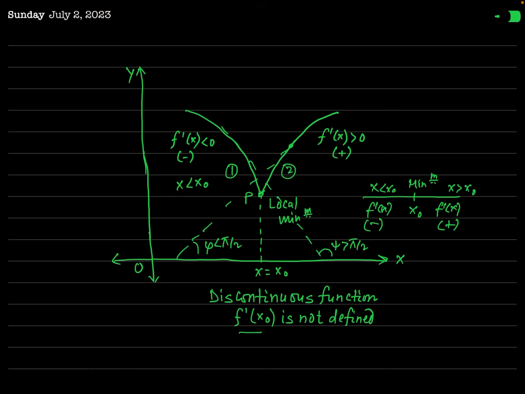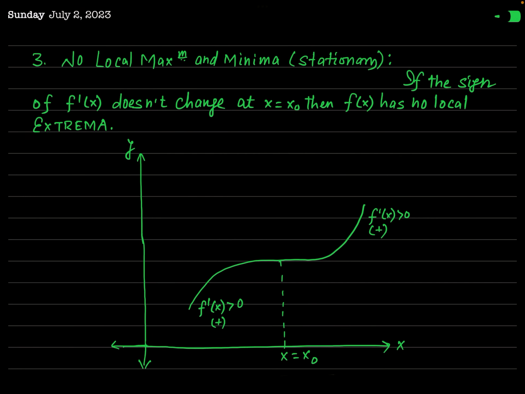So in this way you can find the value of f dash x, and by checking the sign of f dash x you can find out whether the function is maximum or minimum at x equal to x naught.